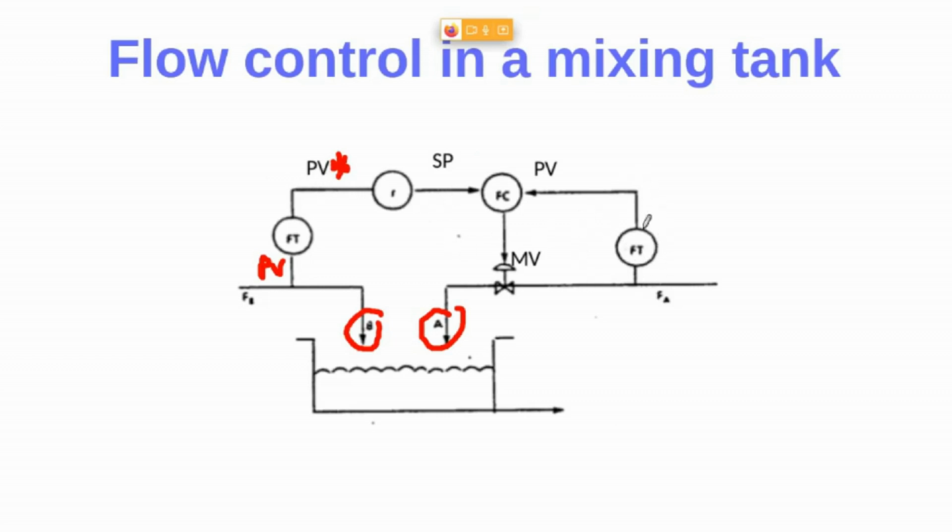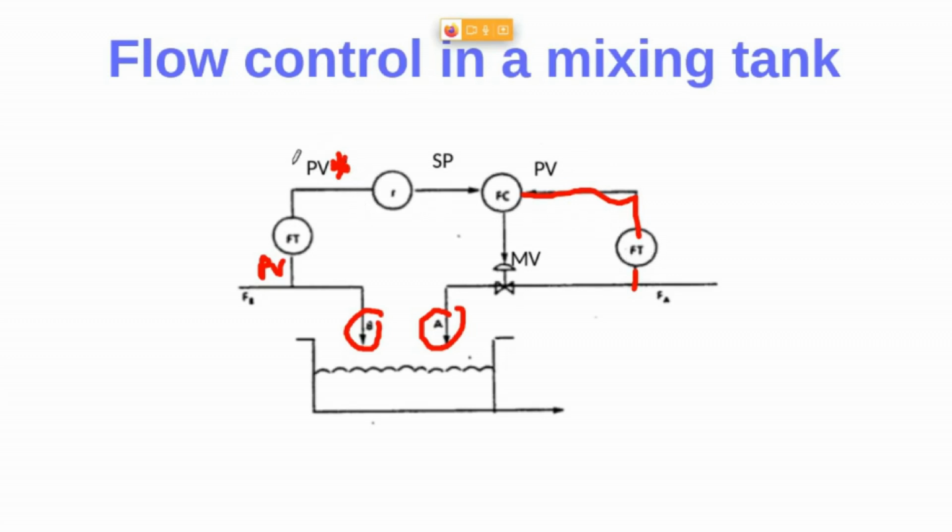The same goes for this flow transmitter, because here we have the physical process variable, remember, in volume per second. And here we have the voltage or the intensity, so an electrical variable that is the measured process variable, the process variable measured by this transmitter, right?